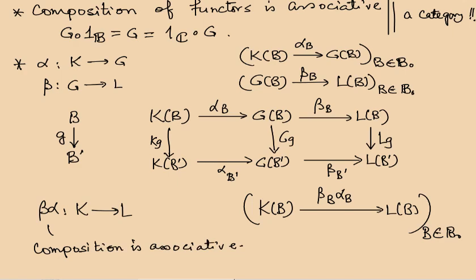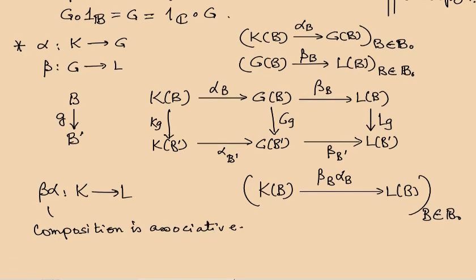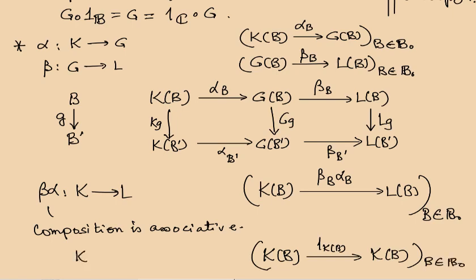And if I look at KB to KB, the identity of KB, well, this obviously defines a natural transformation, which I might as well write as identity K. That is a natural transformation.